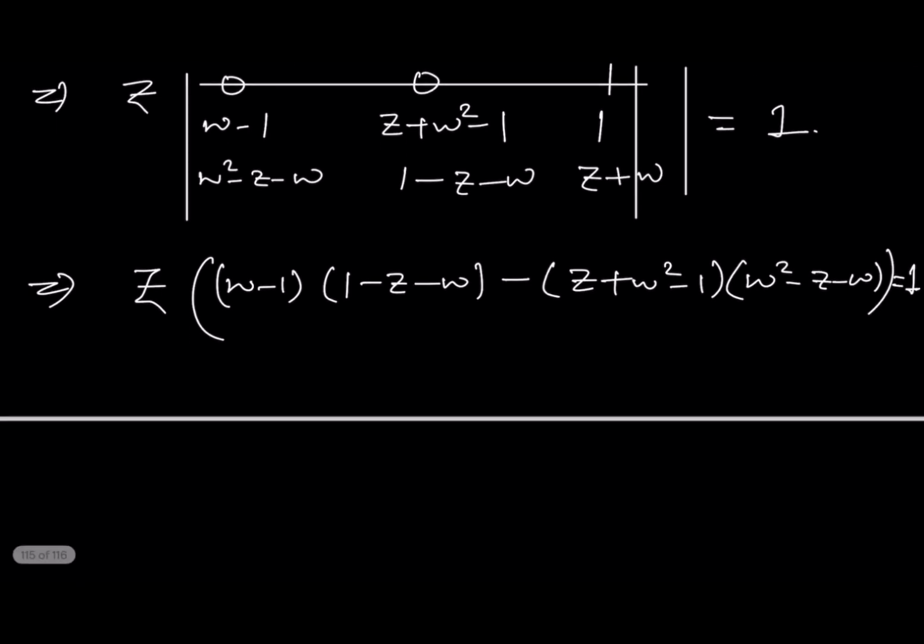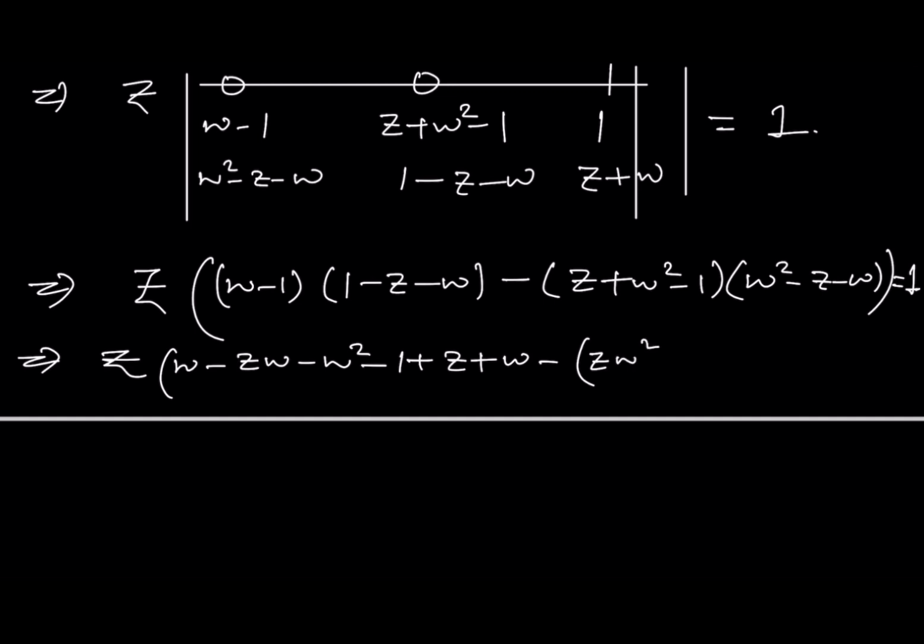Okay, now just multiply inside the bracket and it will be omega minus z omega minus omega square minus 1 plus z plus omega, minus of z omega square minus z square minus z omega plus omega to the power 4, that is omega, minus z omega square minus omega cube, which is minus 1, minus omega square plus z plus omega is equal to 1, right?